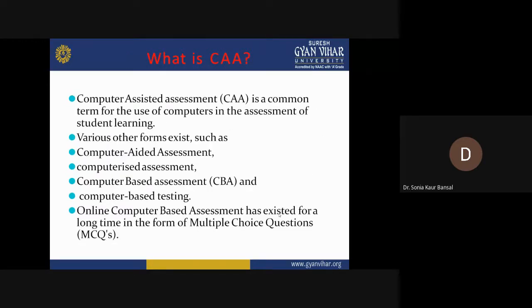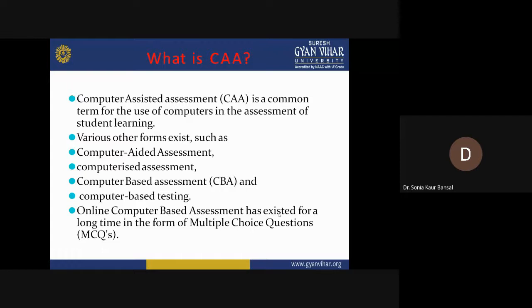What is CAA? Computer assisted assessment is a common term for the use of computers in the assessment of student learning. Various other forms exist, such as computer aided assessment, computerized assessment, computer based assessment, that is called CBA in short, and computer based testing.